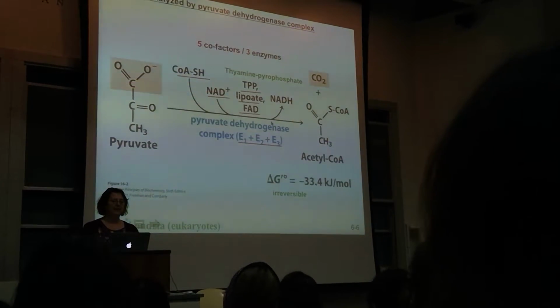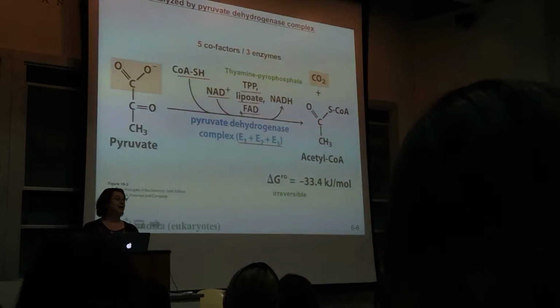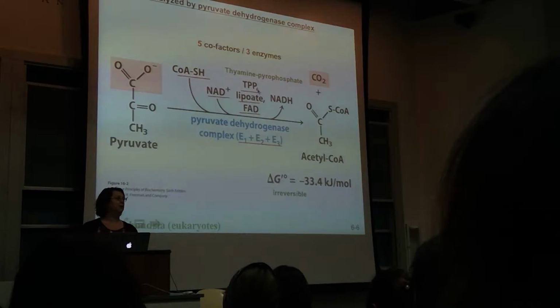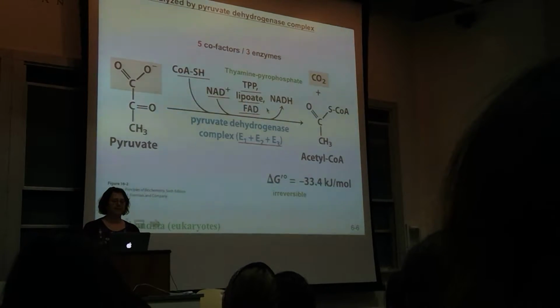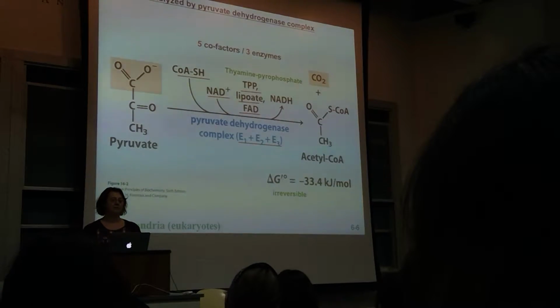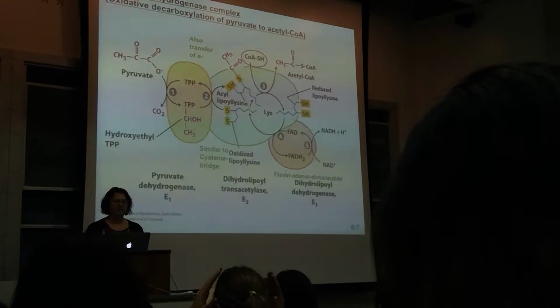So just looking at these, you can already have a feeling that we're probably going to have some electron transfer, because we have NAD and FAD. Often when you have TPP, you're having CO2 coming off. It's often catalyzing that type of reaction. And CoA is what we need to put on here in order to drive this reaction in the next step. So let's look at this.